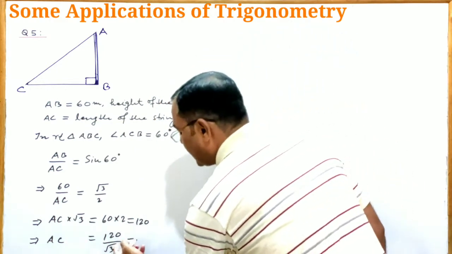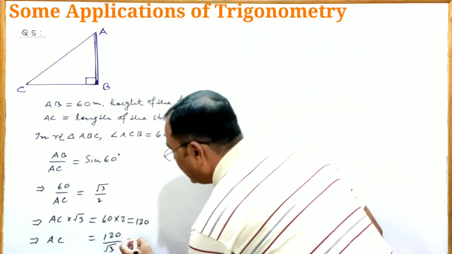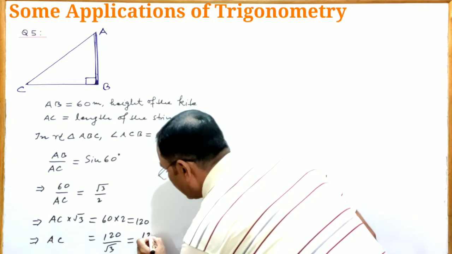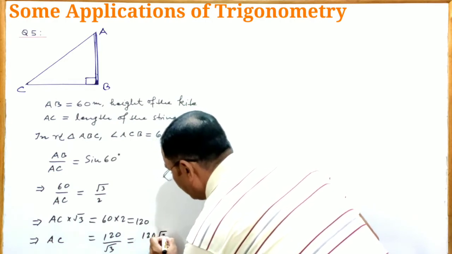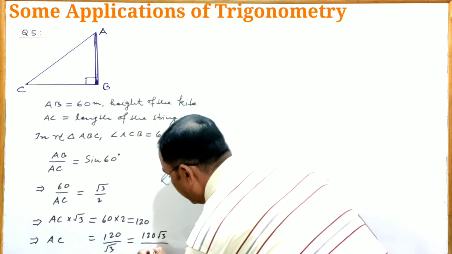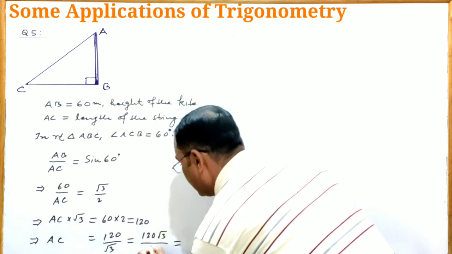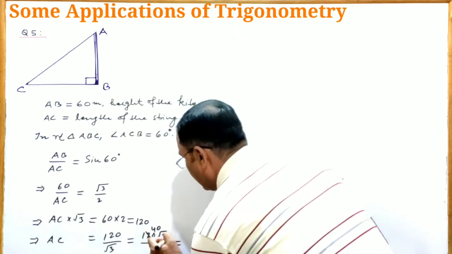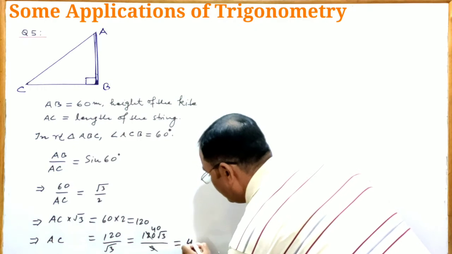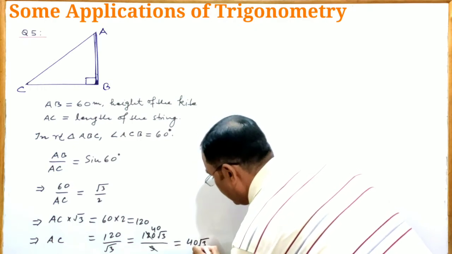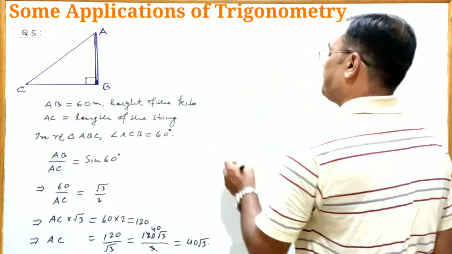Rationalize the denominator of this expression, 120 by root 3. So 120 into root 3 by 3. So it is equal to 40 root 3.